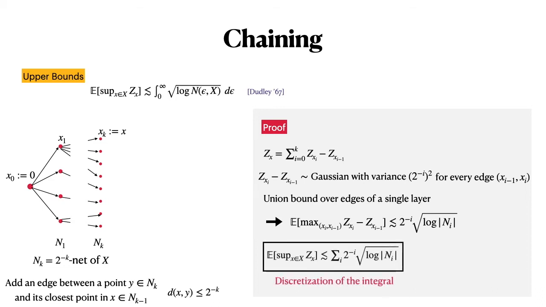Now summing this over all the layers, and using linearity of expectation, we get that the expected supremum is upper bounded by the summation of 2 to the minus i times the square root log of the cardinality of N_i. This is essentially Dudley's bound because this is just a discretization of the integral, and one can show that they are only a constant factor away from each other. So we have proved Dudley's upper bound.